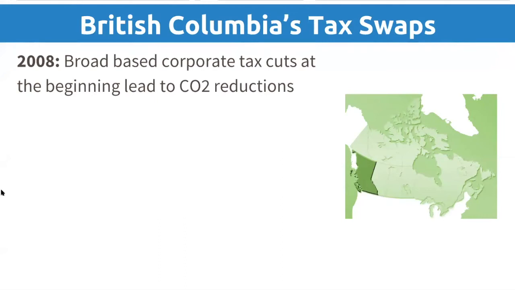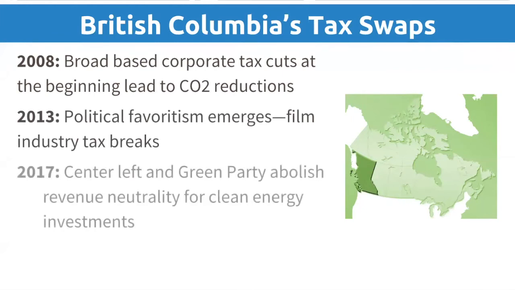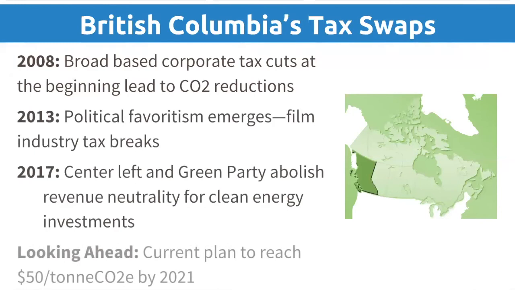The 2008 revenue neutral efficient tax swaps were steered in 2013 to the favored film industry, and revenue neutrality was recently dropped by the center-left party and Green Party following the recent elections. British Columbia has no direct household dividend and constituency to argue for revenue neutrality.